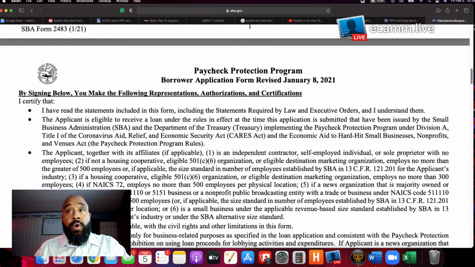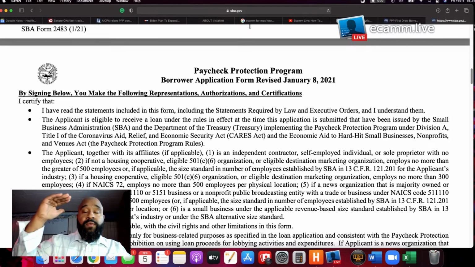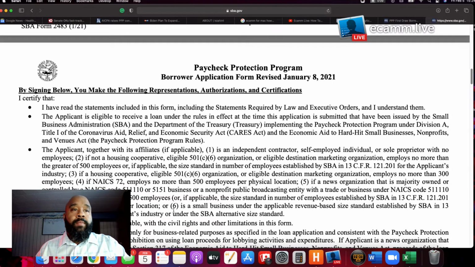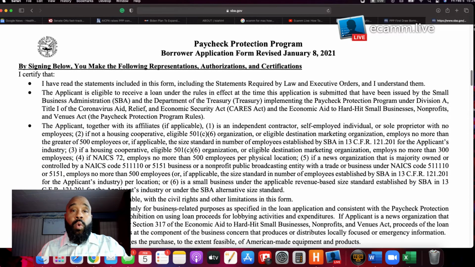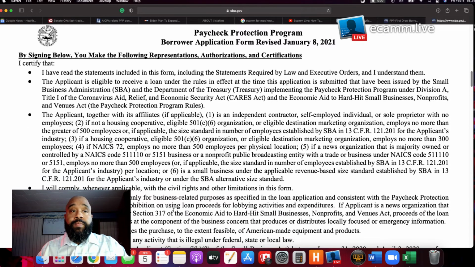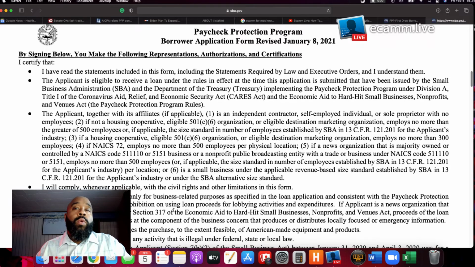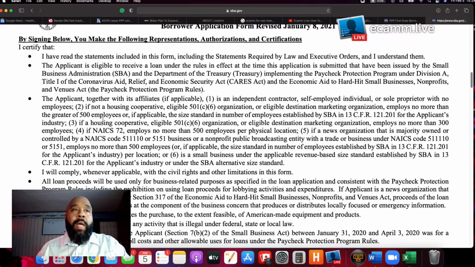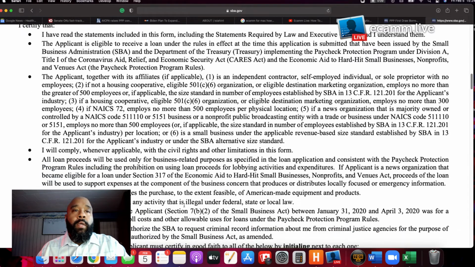You're not going to defraud. You are a sole proprietor, or you're one of the qualifying organizations, 501c6, 19, sole proprietor. You get it. You won't discriminate against people. You won't commit fraud. You will adhere to all applicable laws here. Okay.